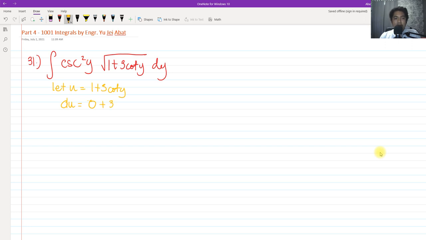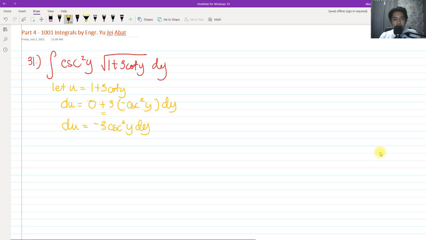So the derivative of cotangent is negative cosecant squared y dy. So positive times negative becomes du equals negative 3 cosecant squared y dy.